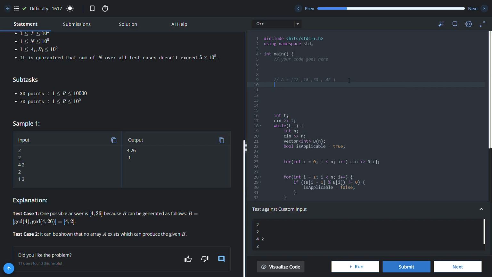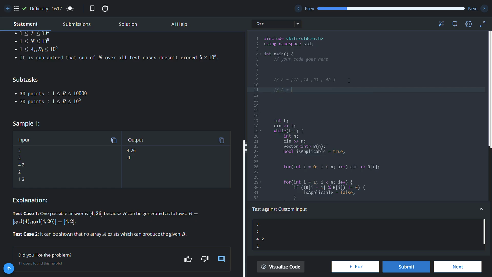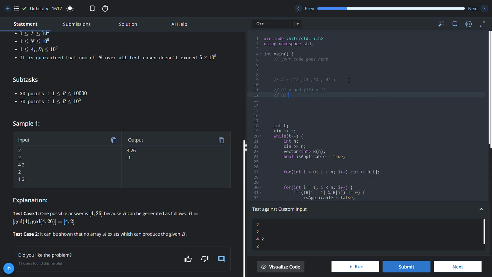Okay, now we can find B for it, and you can see how it's going. Now B1 is equal to GCD of 12. That is 12, right? Now B2 is GCD of 12 comma 18. That is 6.